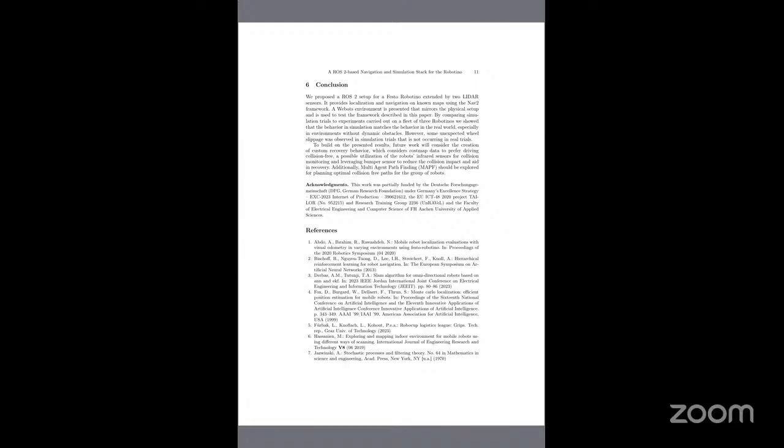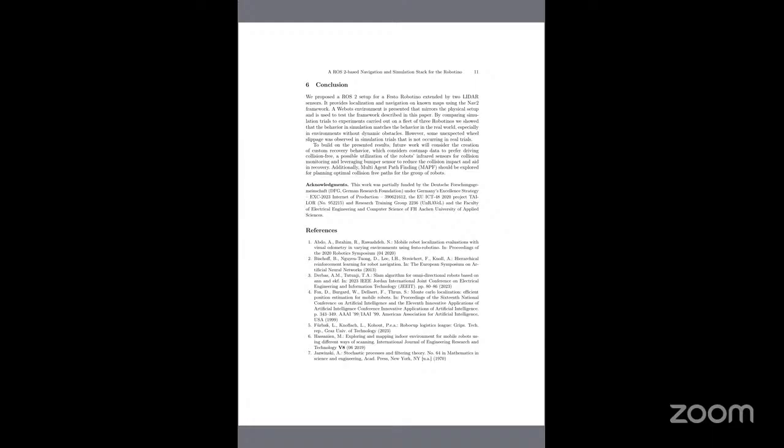The navigation result we got in simulation is approximately the same, because they don't have any dynamic obstacles, and the results in simulation and the real robot are exactly similar.